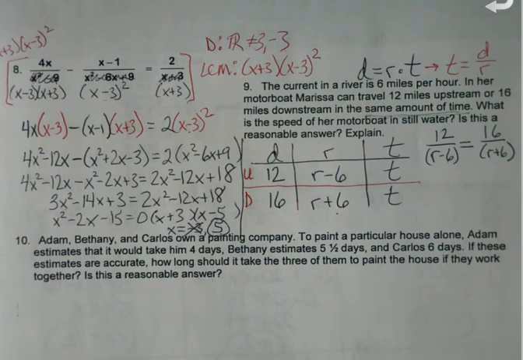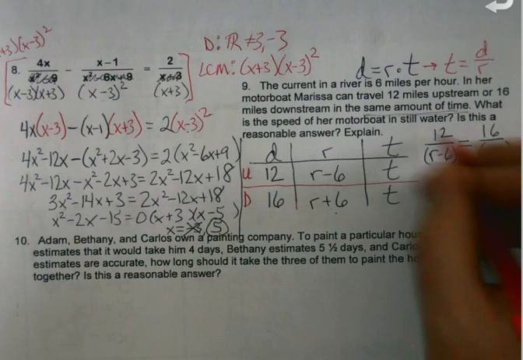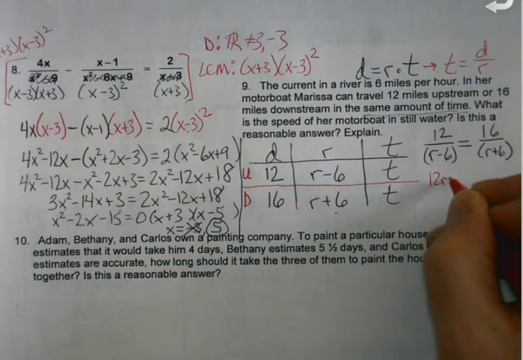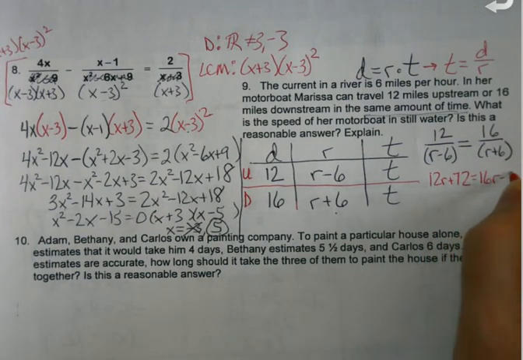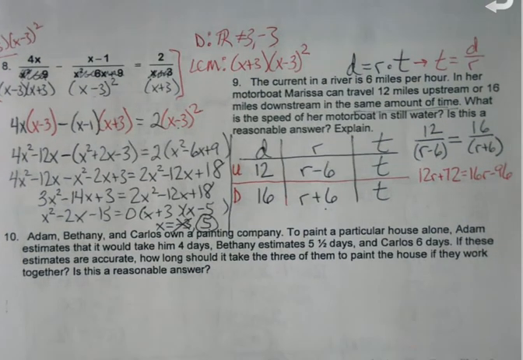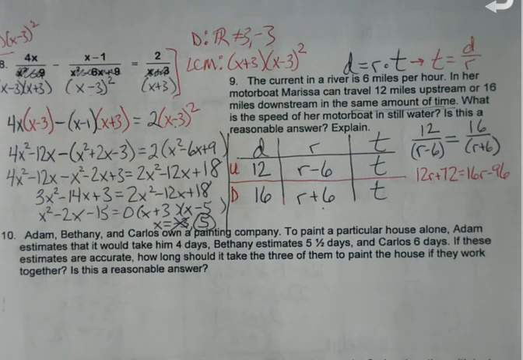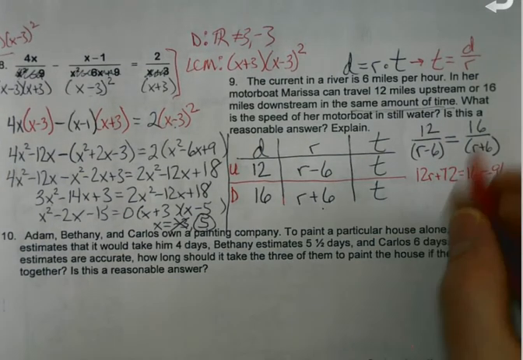And now it's just a simple proportional problem that I'm working with. Sort of like when we worked on that problem on the other side where we just cross multiply. And that's exactly what I'm going to do. I'm going to cross multiply here. And it's going to help me figure out what my rate is. So now we just got to solve for r.